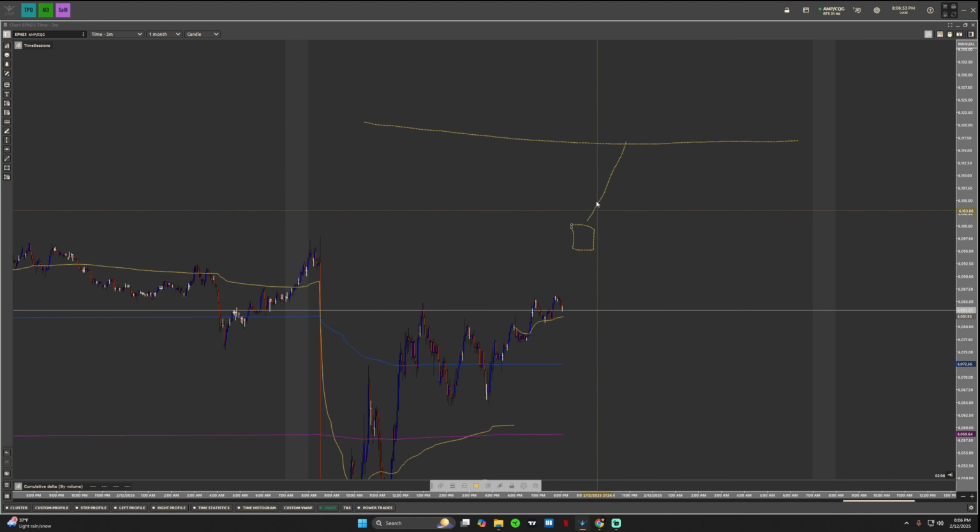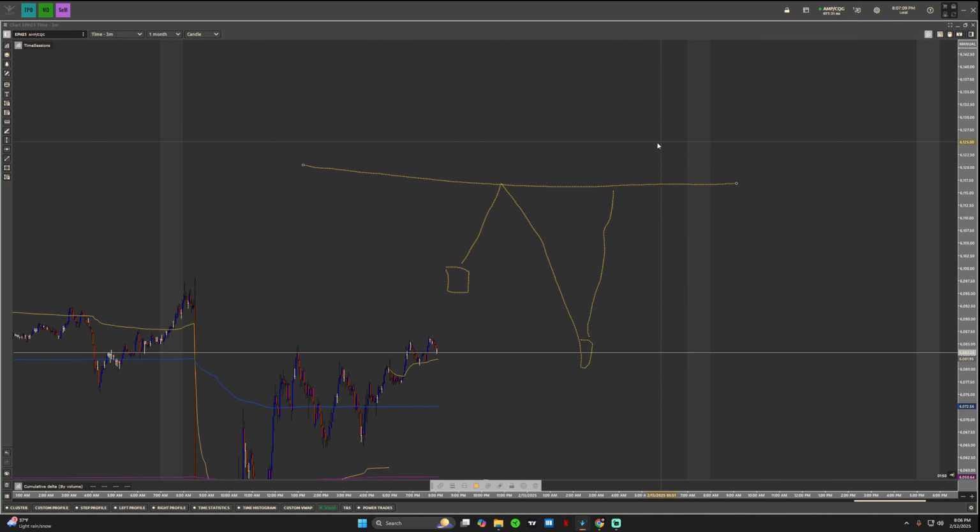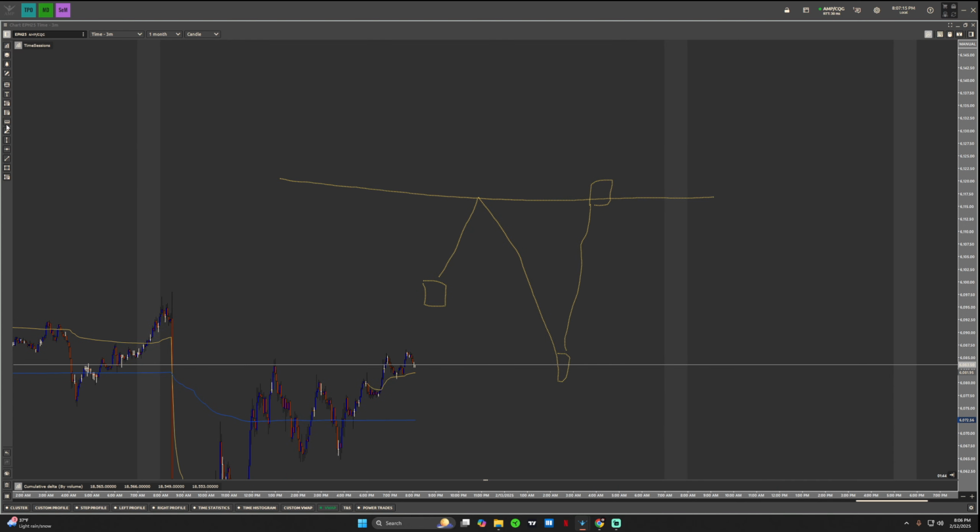Now, whenever we trade to it, see what happens. If we reject, you can assume we are going to break this low and continue down until we eventually come back up to it. Now, this time we come up to it, we break it. You can assume we are going to continue up.